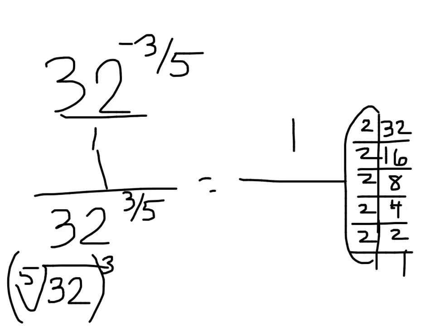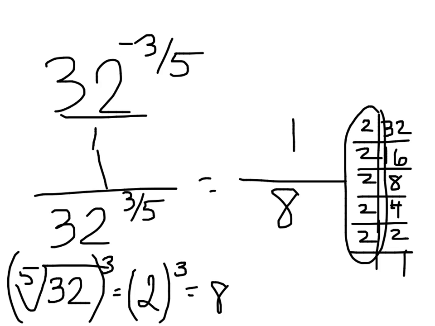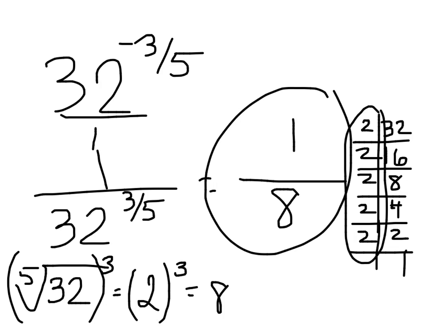There's 5 deuces. So what is 2 to the 3rd? 8. So that number is 8. So realistically, that whole answer turned out to be 1/8.